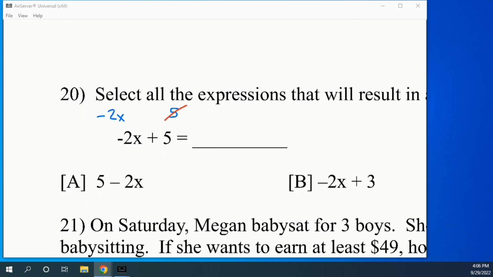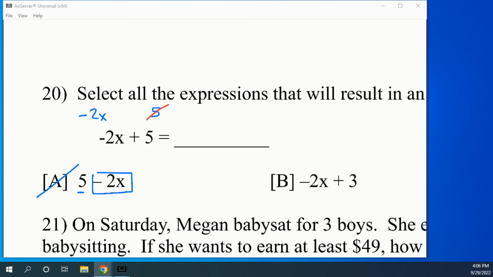So for A, this is negative 2x. That is the same variable term. This is a 5, which is also the same constant term, so we are not going to use A. For B, same variable term of negative 2x and a constant term of positive 3, which is different than 5.